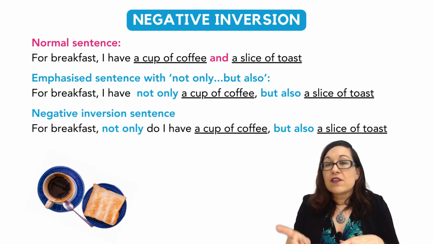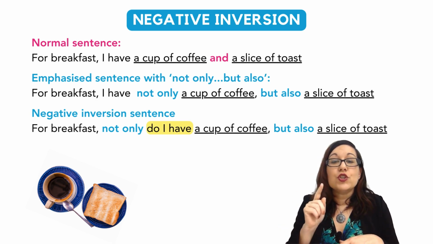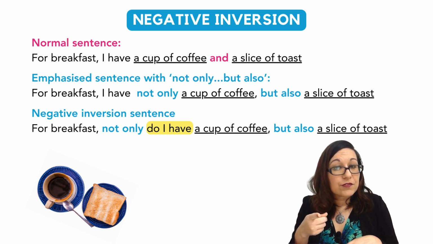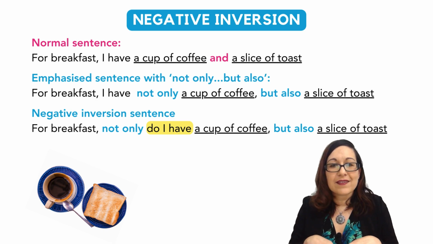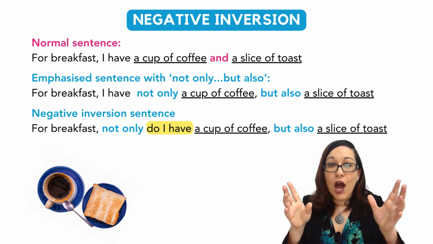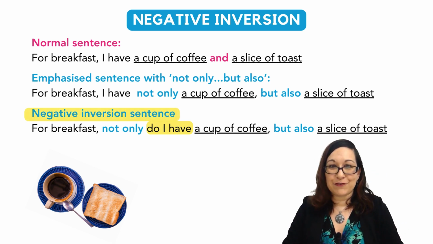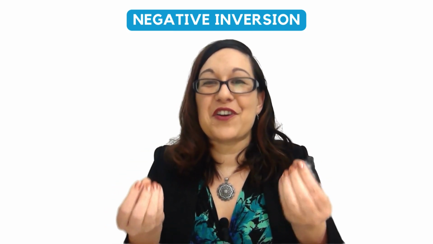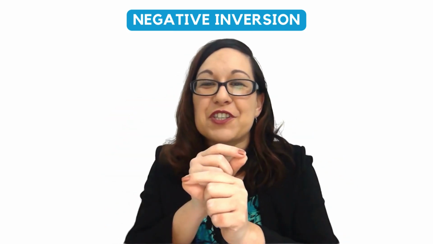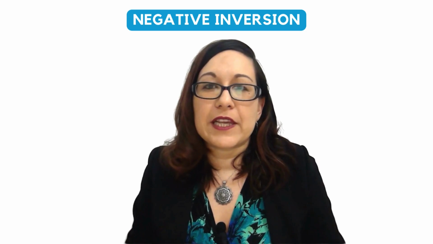For breakfast, not only do I have a cup of coffee, but also a slice of toast. Okay, now we've got inversion. So this is the fun structure of negative inversion or adverbial inversion.